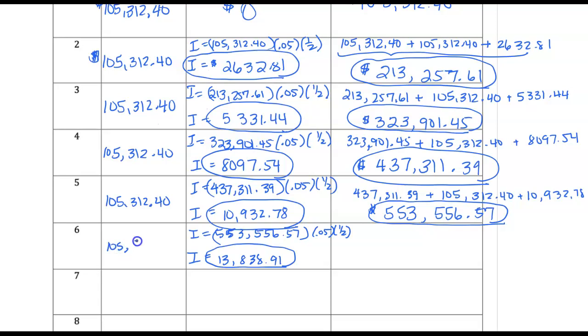Make that payment, and it's the same payment of $105,312.40. Then to calculate our new amount in the account, we're going to take the $553,556.57, that was the old balance, and add this new row's totals, $105,000 for the new payment, plus the $13,000 in interest.